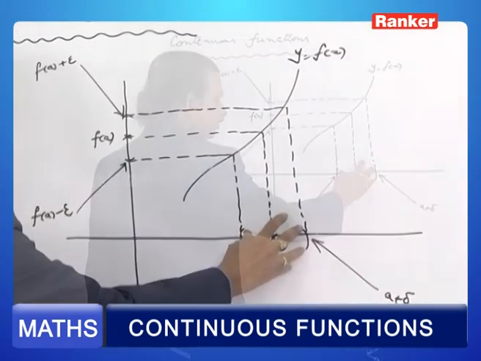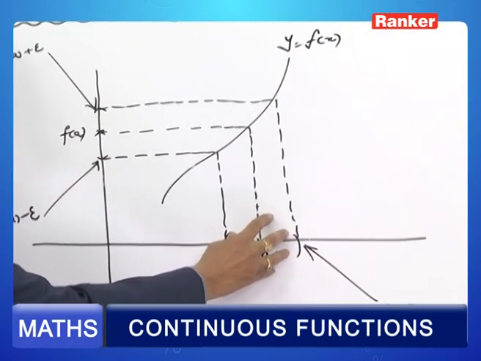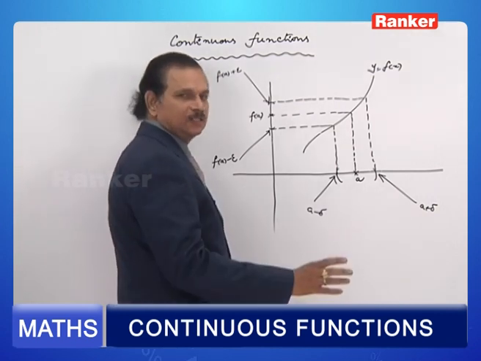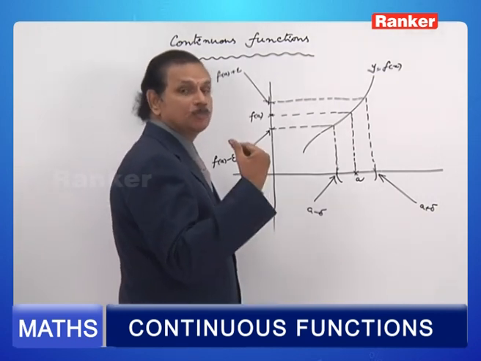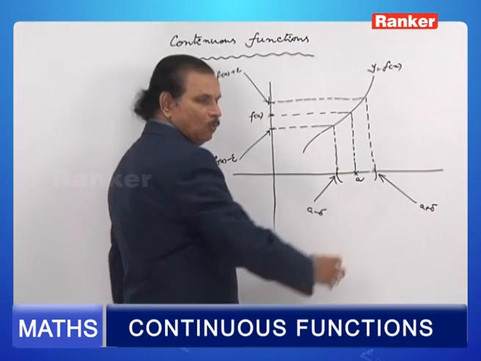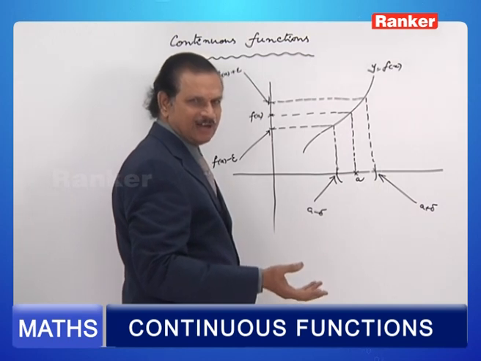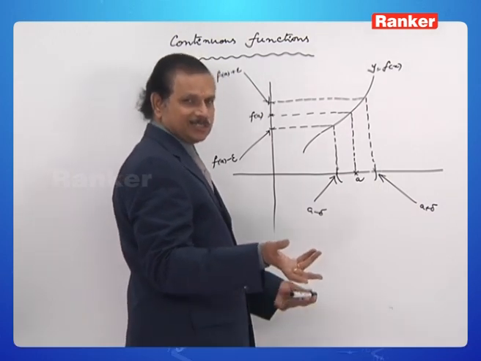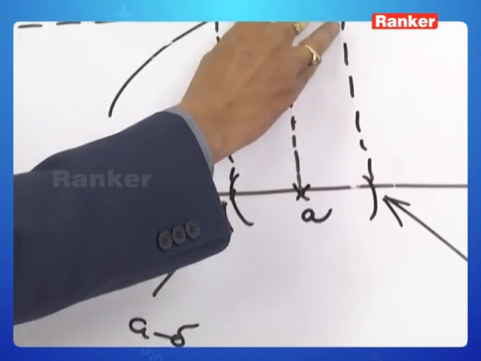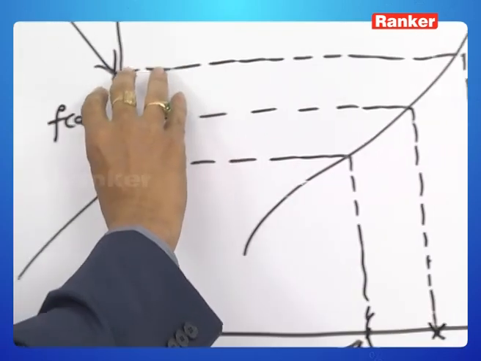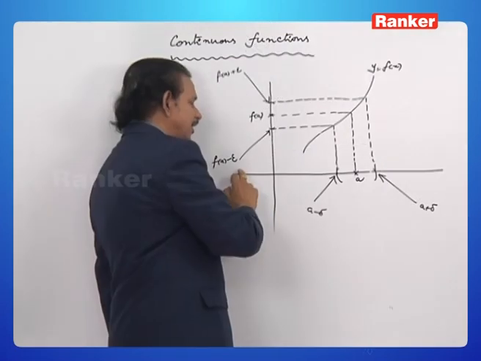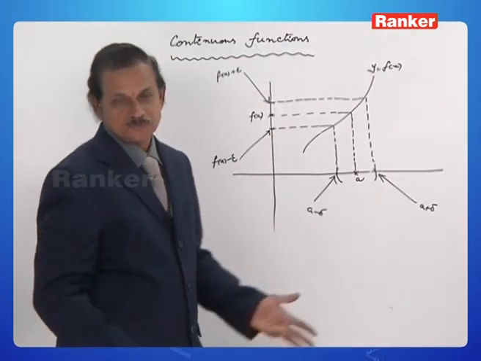For all those points in the neighborhood A minus delta to A plus delta, what is the address for the images of such x's? You observe f of x's will move like this, like this, and they lie in the neighborhood f of A minus epsilon to f of A plus epsilon.